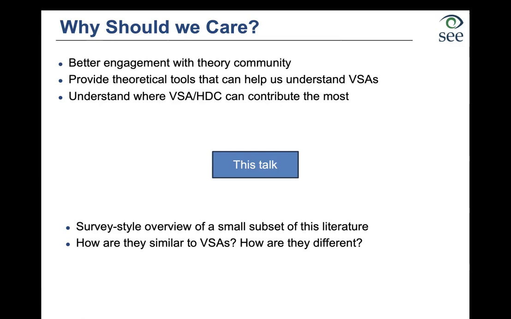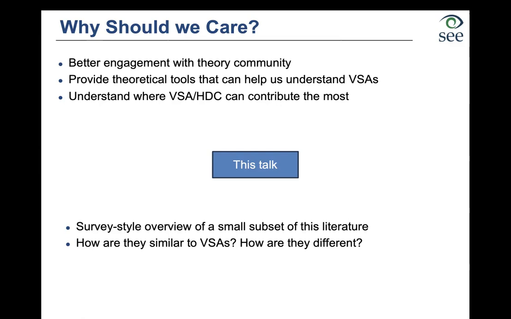There's also a very large theoretical literature that provides exactly these kinds of rigorous bounds and guarantees that I was talking about earlier, and we can import a lot of this literature almost directly into the VSA setting.